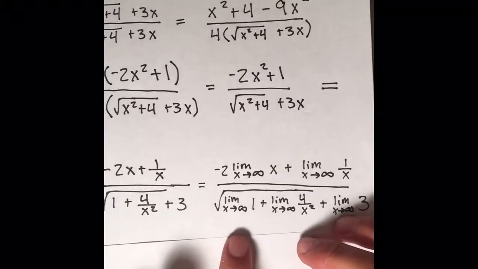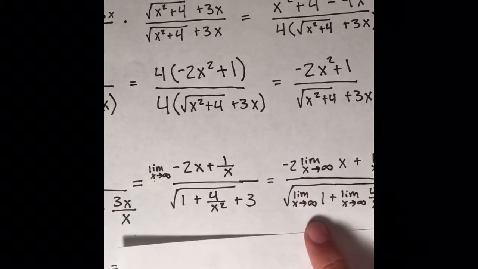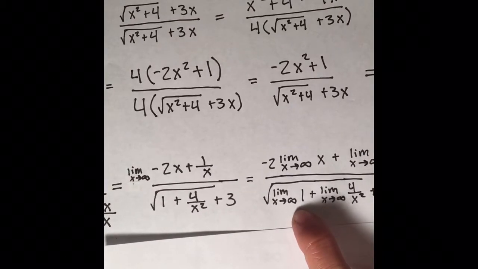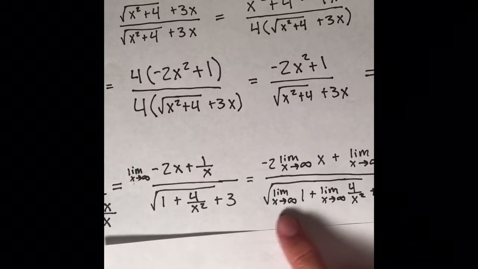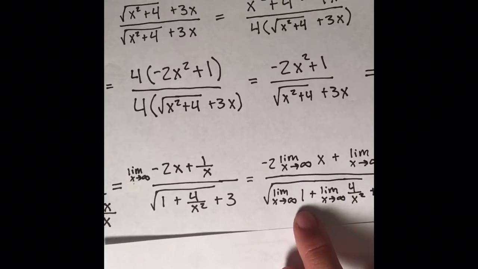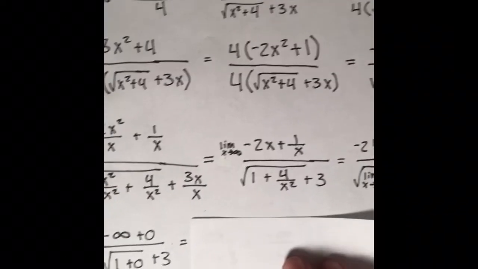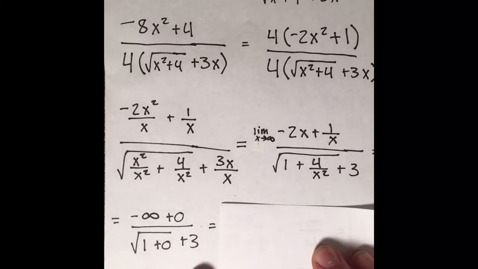And this is going to be 1, because you have no input of x when you take the limit as x approaches infinity of a constant. So this constant does not change, and this 1 and this 3 remain 1 and 3, as you can see.